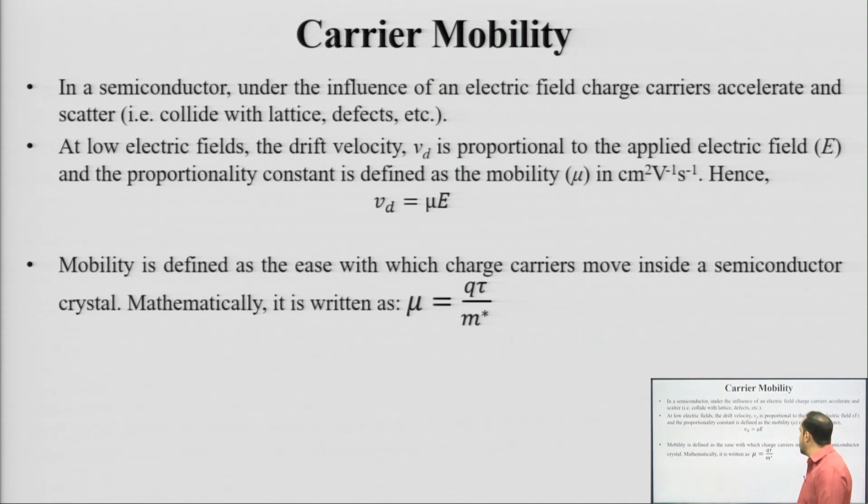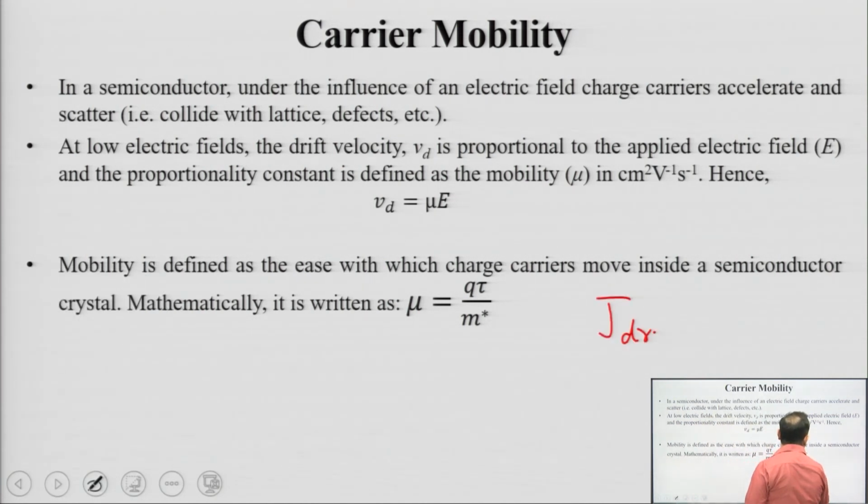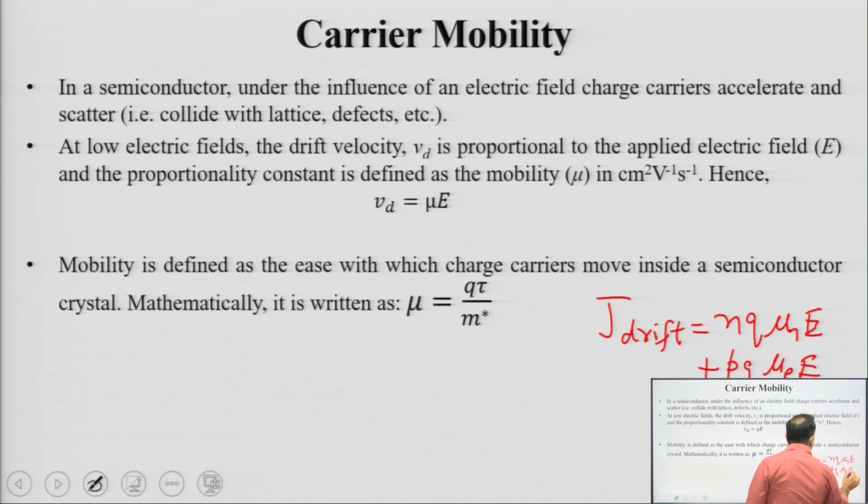And the equation for drift current, for electrons as well as for holes, was given by this.